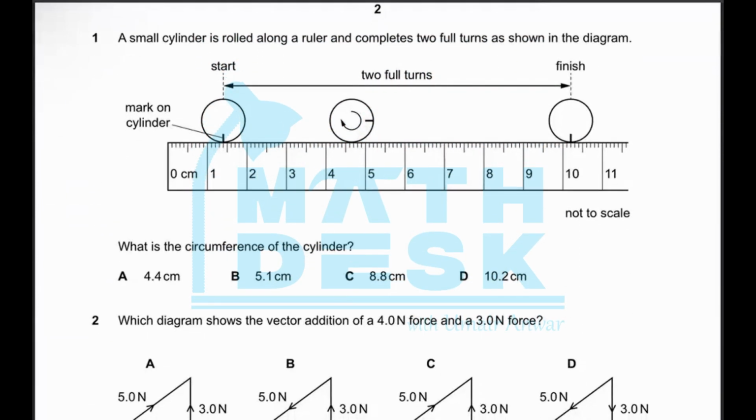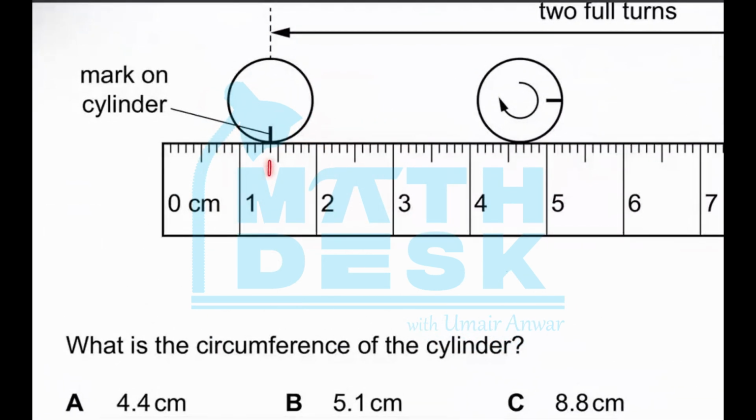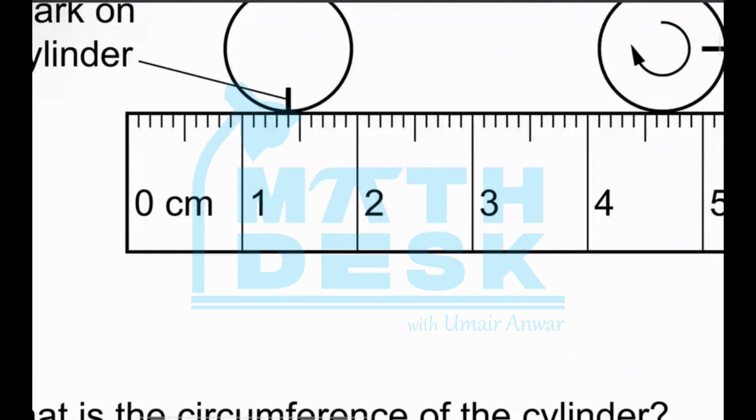Starting with the questions, question number 1 says a small cylinder is rolled along a ruler and completes 2 full turns as shown in the diagram. So this is the cylinder. It is starting at the mark 1.4. So let me write it down here. It starts its revolution when it was placed at 1.4.